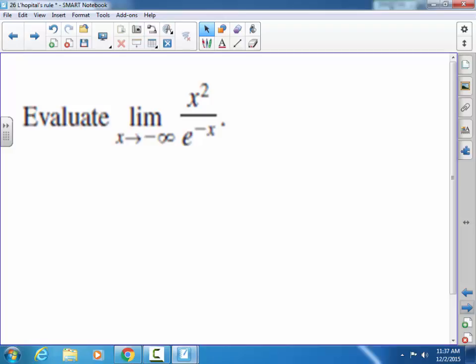I said the thing you're going to forget to do is plug in and evaluate. Always plug it in first, because if you plug in first and get an answer, that's the answer. L'Hopital's rule doesn't work if you get an answer out of the limit, okay?